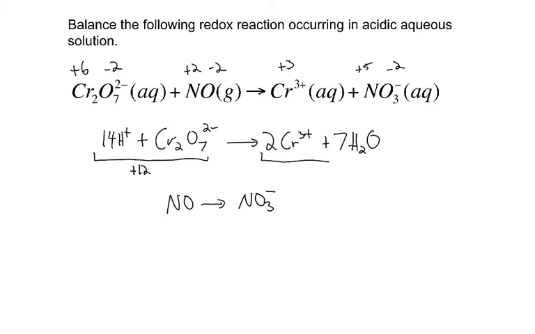And on the product side, I have 2 times +3, so that's going to be +6. So remember that electrons are negative, so I want to add them to the side that is the most positive. And so I have +12. I need to get that down to +6. So I'm going to need to add 6 electrons to the reactant side.